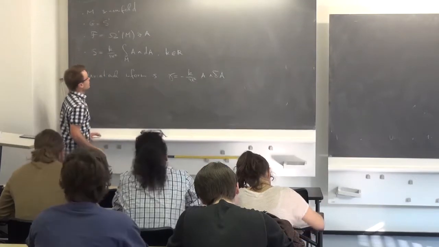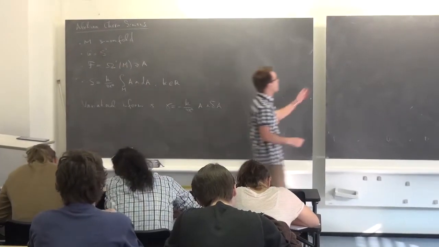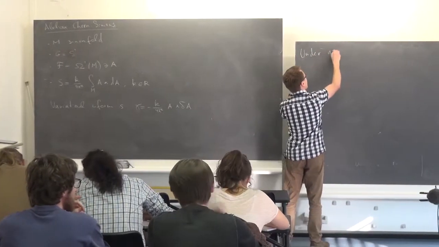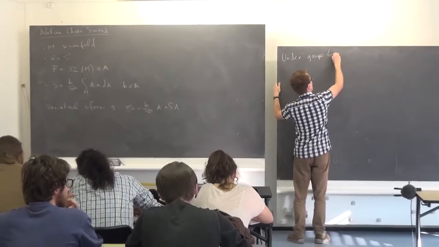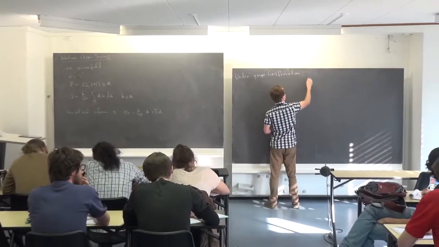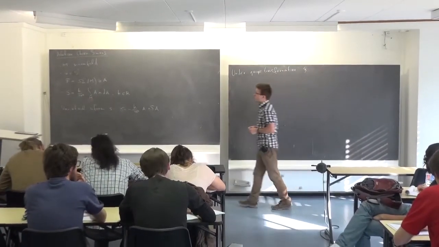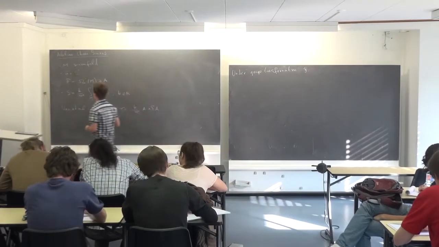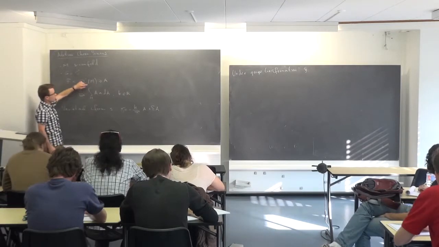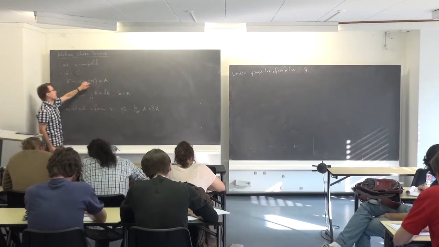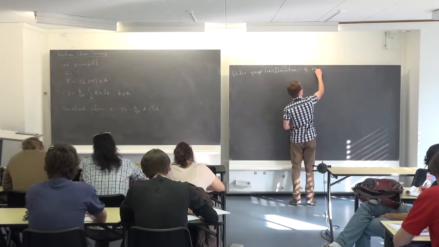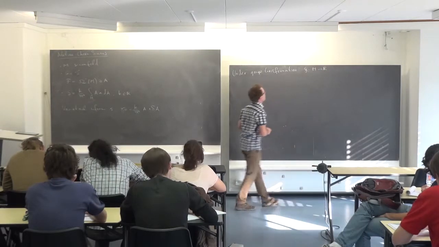And then given a gauge transformation, so a gauge transformation in general is going to be a map from the manifold to the group. In this case, the group is just S1, and infinitesimally, this is just a map from M to R, so a function. So you have psi, which is just a smooth function on M.